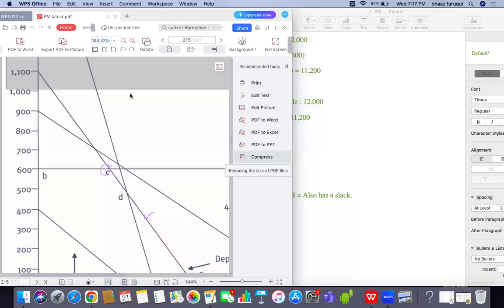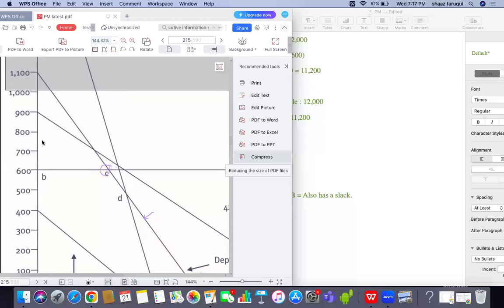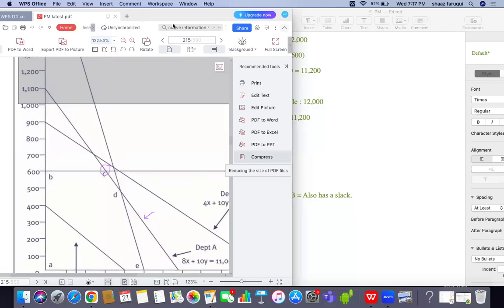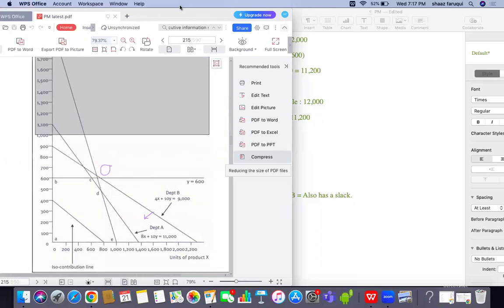But my answer is below the department B line. See, where is the department B line? This is the department B line. My answer is below it, meaning it is still under the line, meaning I haven't reached my limit.